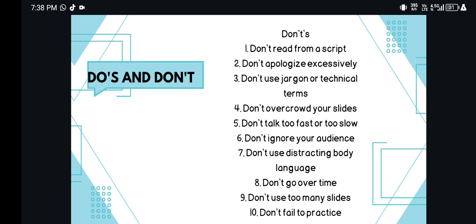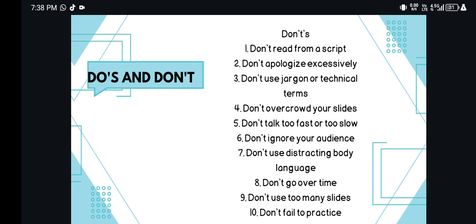Don't, please don't read it from a script. We don't want that. Don't apologize excessively. Don't use jargon or technical terms. Don't overcrowd your slides. Don't talk too fast or too slow. Don't ignore your audience. Make sure your audience are flowing with you. Don't use distracting body language.